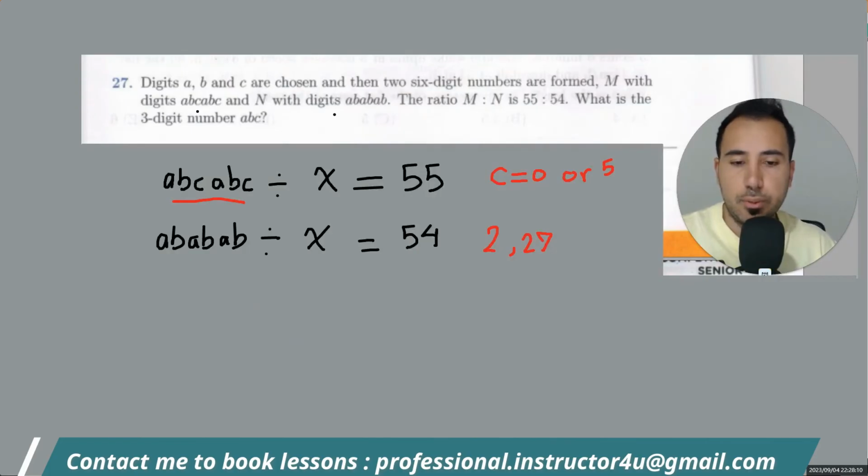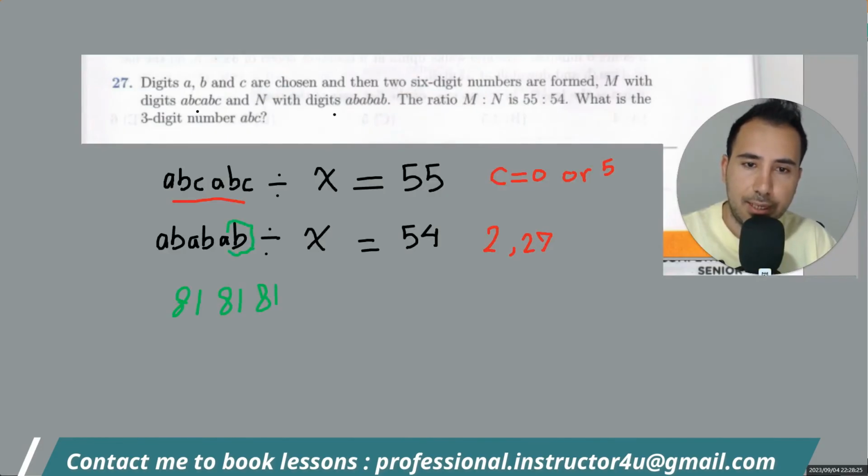So only numbers whose digit sum is 9 will be divisible by 27. So that means the numbers have to be in this format. Can this number, for example, be 818181? No, because remember, B was supposed to be an even number, divisible by 2.